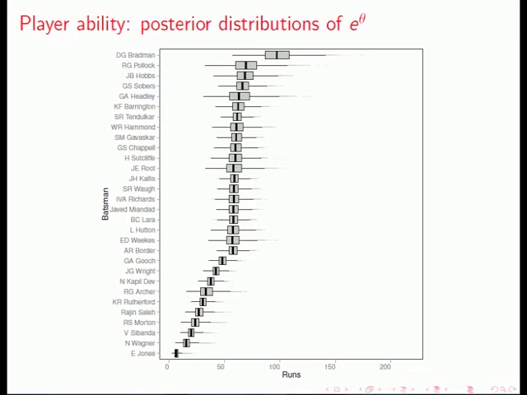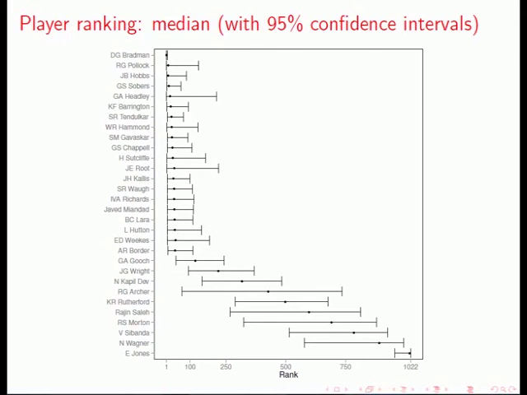If you actually just take an arithmetic average or something like that, then you just get a number, and there's no uncertainty on that. But in fact, what the model shows is, because we've got this sort of negative binomial with lots of variation, you've got zero inflation, all these sort of things going on, that there's lots of uncertainty about how good they were. And consequently, there's a hell of a lot of uncertainty about where we should rank them.